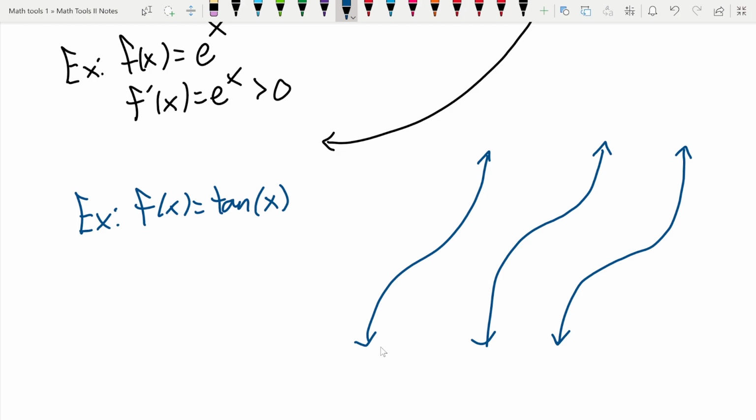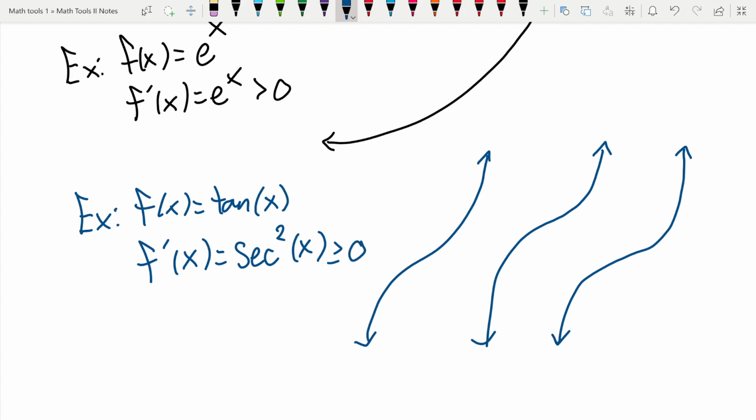There are those spots where they're not going to be differentiable at the asymptotes, but in general, everywhere in the domain of tangent of x, it is increasing, and that's supported by the fact that the derivative, as we found before, was secant squared of x. Right? We don't even really need to know anything about secant. Just the fact that it's squared is going to guarantee that it's always positive. Or 0. So this is greater than or equal to 0.